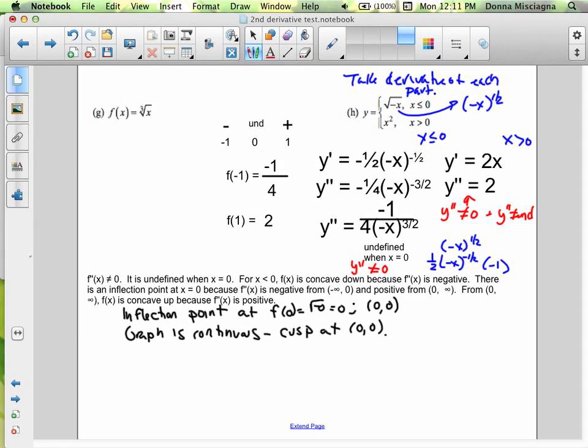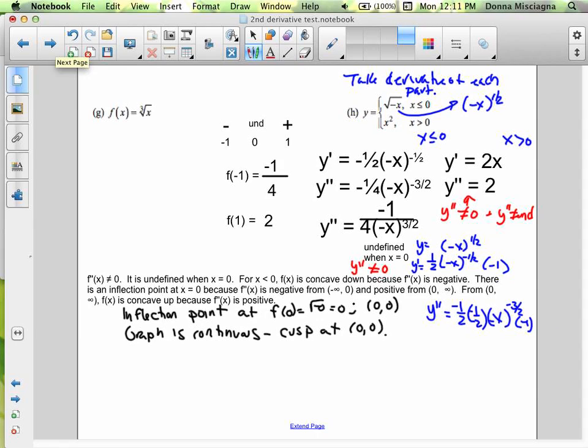Let me write it down for you. So here was the first derivative. Here was the second derivative. Actually, instead of dy, I'll put y prime. So the second one would be negative 1/2 times negative 1/2 times negative x to the negative 3/2 power, and then times the derivative of the inside, which is negative 1.